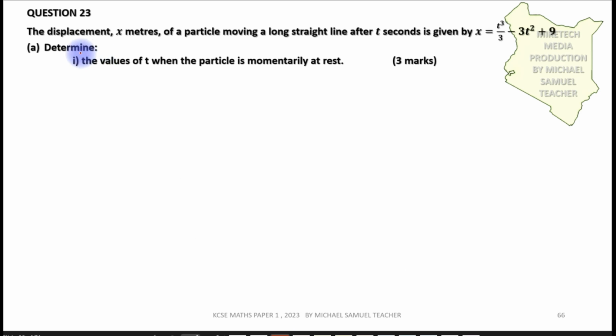Therefore, the displacement of a particle is x meters moving along a straight line after t seconds, so displacement x is equal to t cubed over 3 minus 3t squared plus 9.